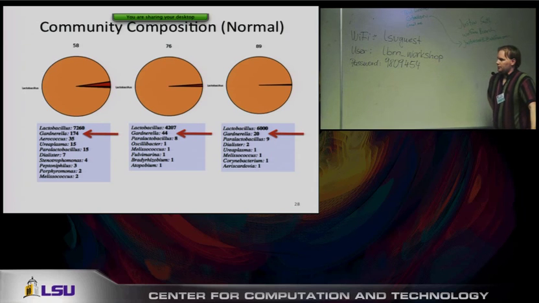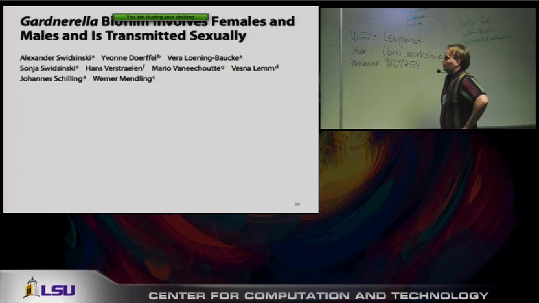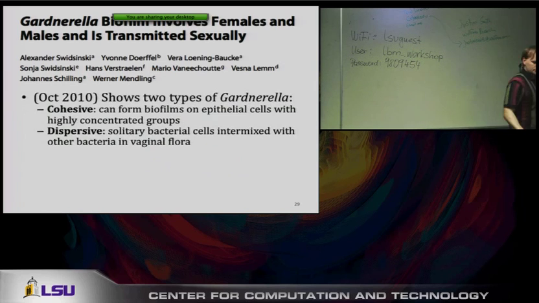So the question then becomes, why does Gardnerella not cause problems in healthy women? And are all Gardnerella the same, or are we talking about two different things? Well, there was a paper late last year that talked about this whole issue. They showed that there are two different types of Gardnerella: one that is cohesive and can form biofilms, and another that's dispersive.